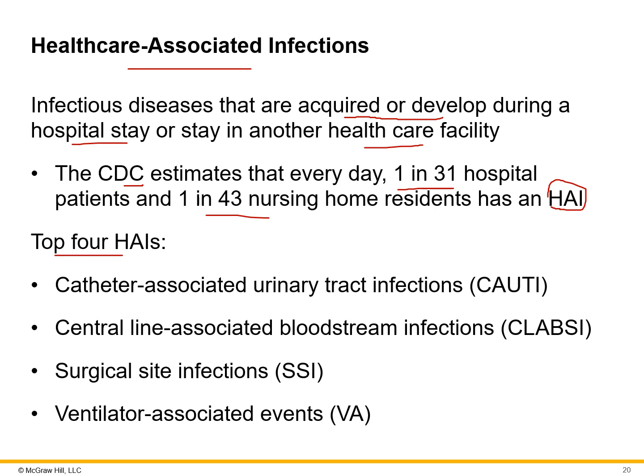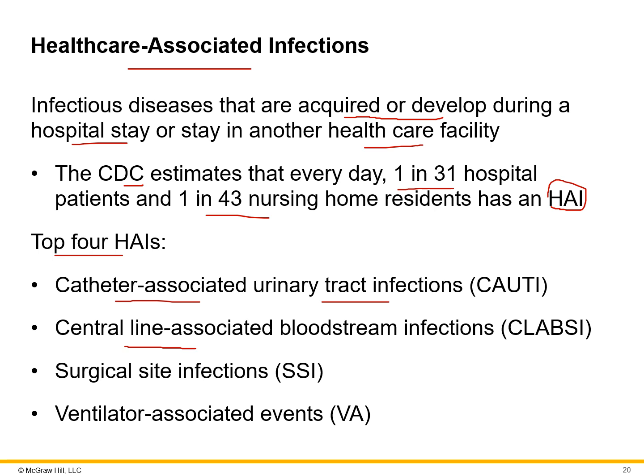Now the top ones: catheter-associated urinary tract infections, especially thinking about nursing homes where it's more likely, but also in hospitals, catheters are commonly used. So you get urinary tract infections from those. If you weren't in a healthcare setting, you wouldn't have a catheter, so it's a healthcare associated infection.